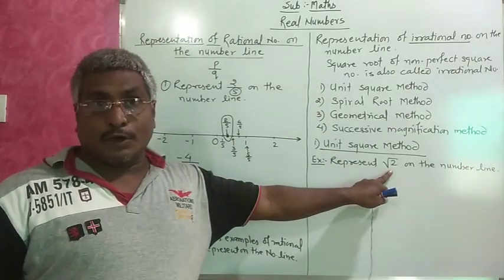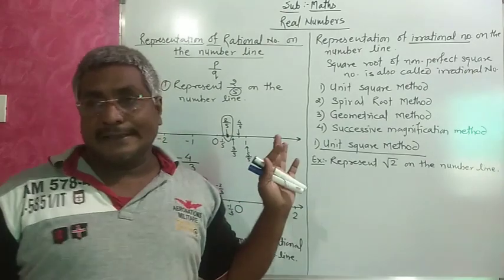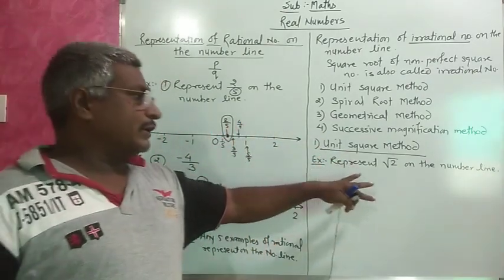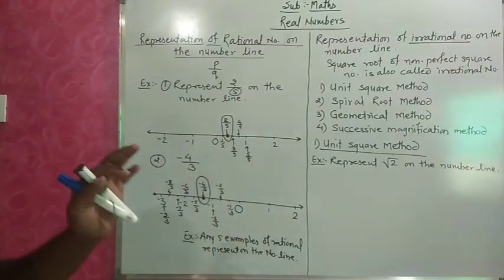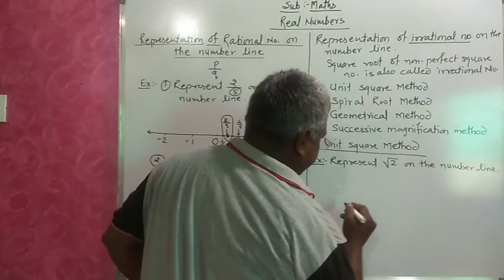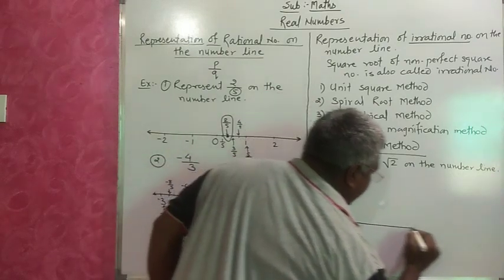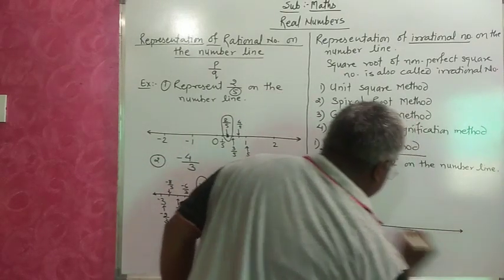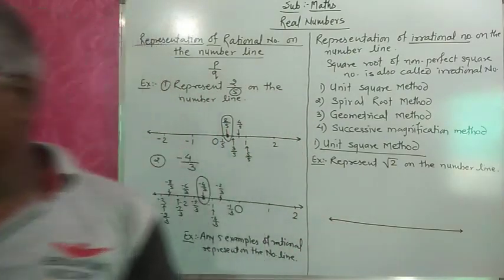So 2 is a non-perfect square number, so square root of 2 is an irrational number. How to represent it on the number line? For that purpose we have to draw the number line like this. Draw, student.